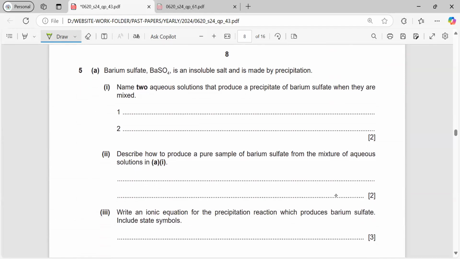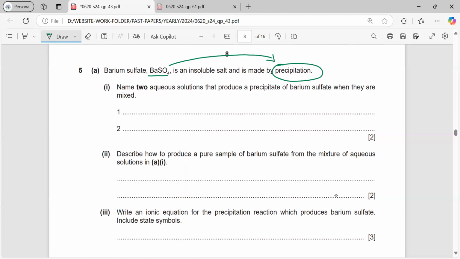Barium sulfate is an insoluble salt and is made by precipitation. Name 2 aqueous solutions that produce a precipitate of barium sulfate when they are mixed. Barium sulfate is an insoluble salt, so we prepare an insoluble salt by the method of precipitation.